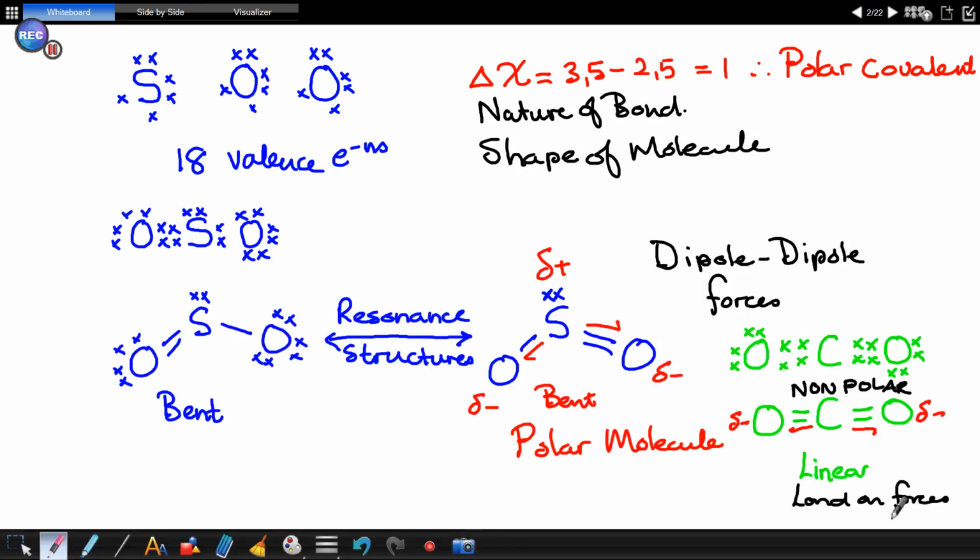You got it? Because London forces are weak. It's not a dipole. The oxygen is negative and the oxygen is negative. That's all that's sticking out. The carbon isn't sticking out. So the carbon would have been positive. It's not a dipole, even though you have a polar covalent bond.